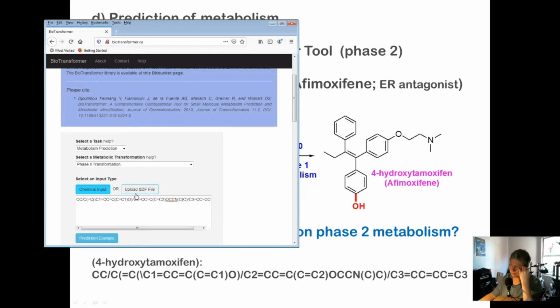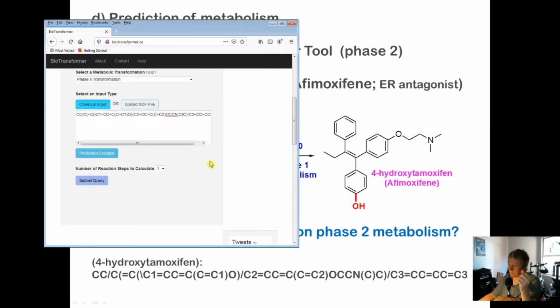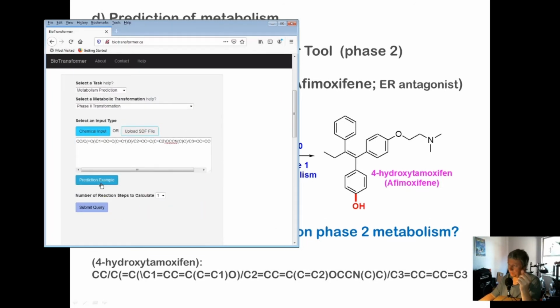You can also do 3-dimensional structures in SDF files. We're probably not going to get into SDF files, but that's what it is. Okay, and it also has a prediction example. Let me try that first. I think that's Tylenol, acetaminophen. So we'll just submit Tylenol just as an example first.